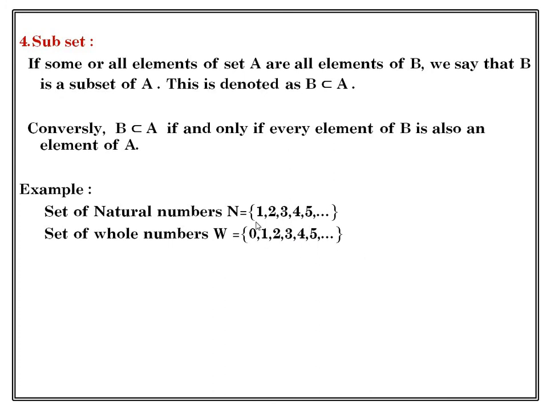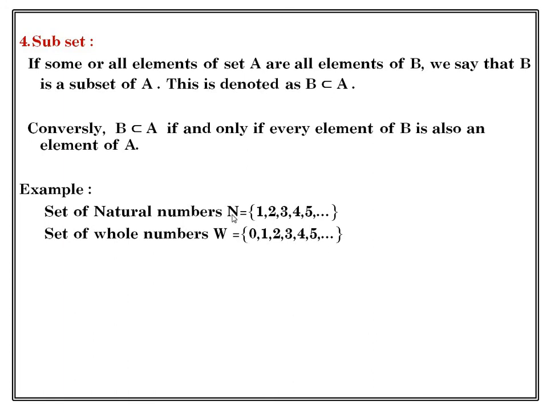If you just observe here, N starts with 1 and continues. Here, W, the whole numbers, starts with 0 and then 1, 2, 3. If we observe carefully, this 1, 2, 3, 4, 5, etc. all exist in W also, isn't it?